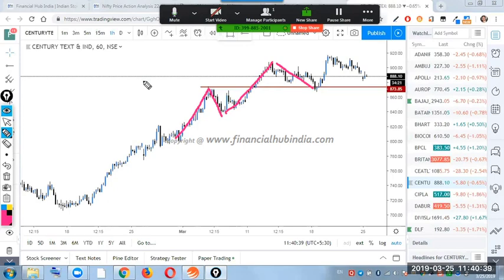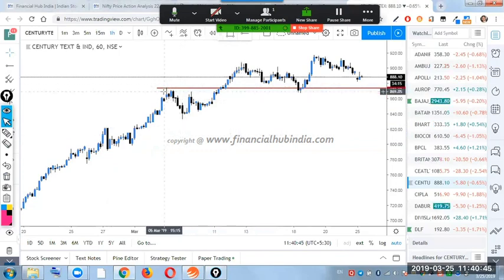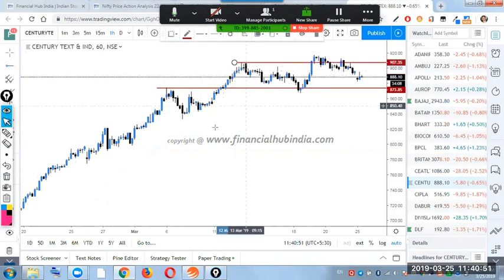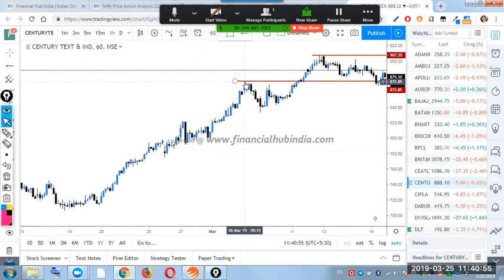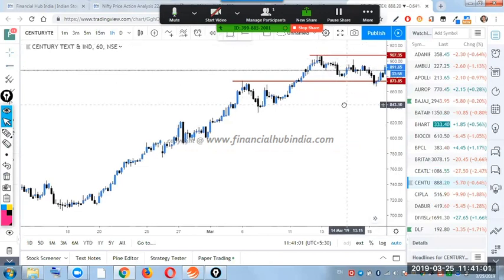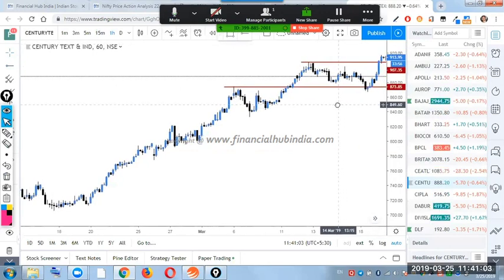What that means is what happened next here. This is a resistance, you buy the flip support, then it moved up, and you have the next resistance here. You buy it here, you have the resistance, there's a breakout, and where is the breakout? Here is the breakout.